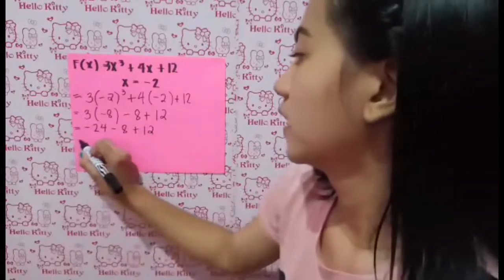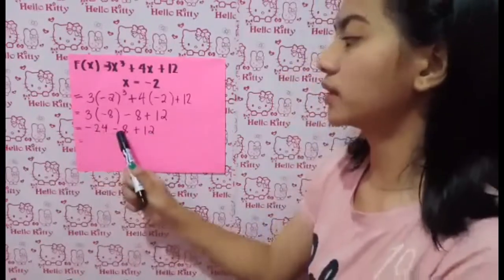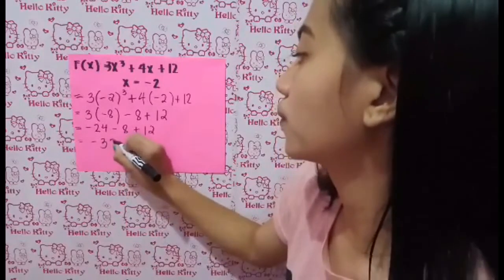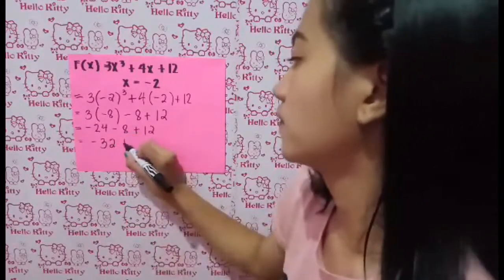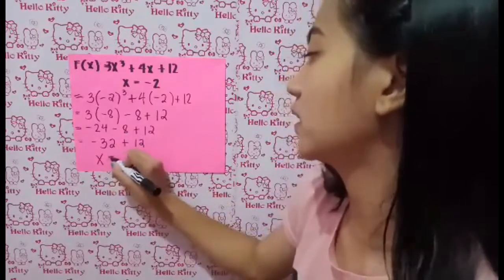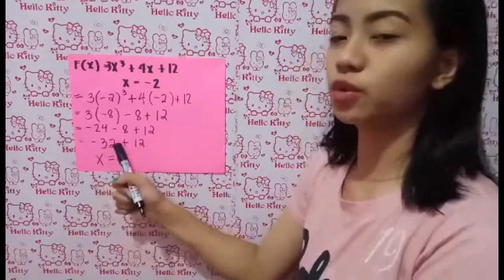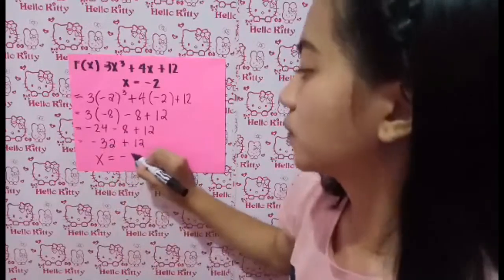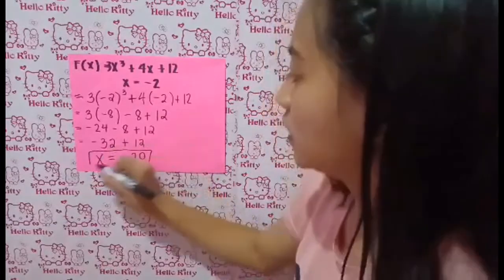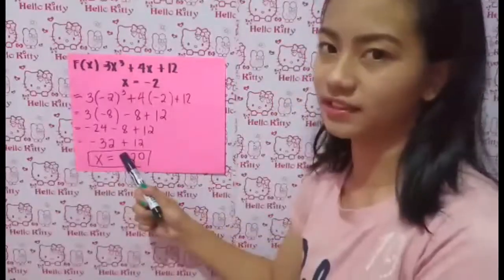Next, negative 24 minus 8 is equal to negative 32, plus 12. And for the last, negative 32 plus 12 is equal to negative 20. And that's our final answer.